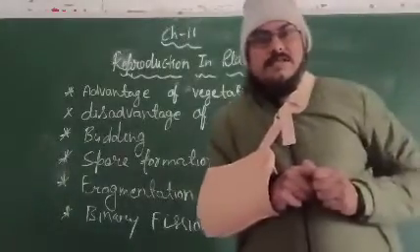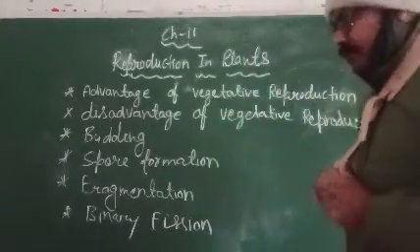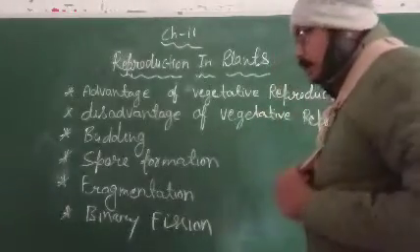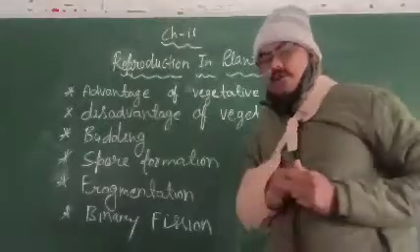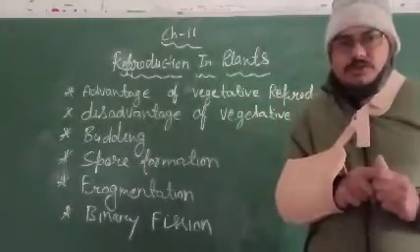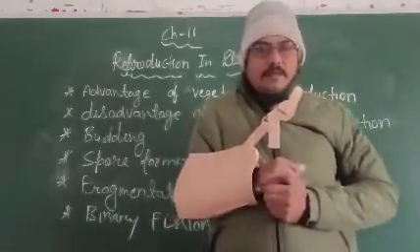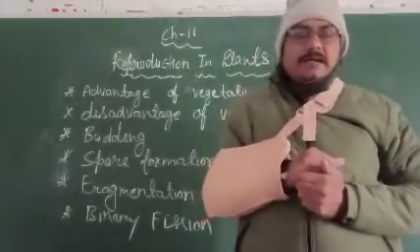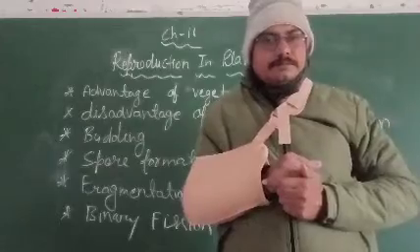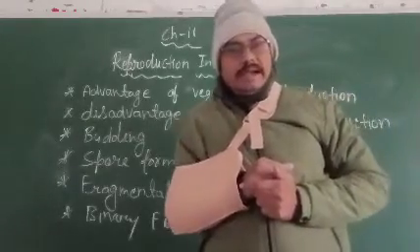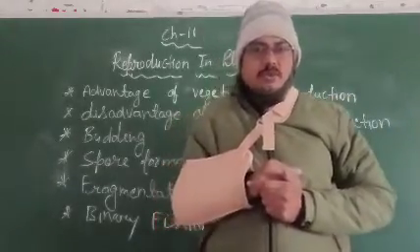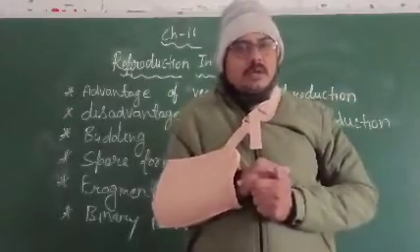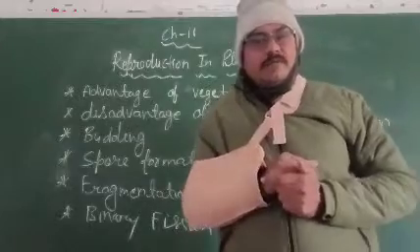Okay. Next, I want to recap what I have explained today. About the advantages of vegetative reproduction, I have told that the method is faster than growing by seeds. In plants in which seeds cannot be grown, the plant can be grown with the help of its different body parts.